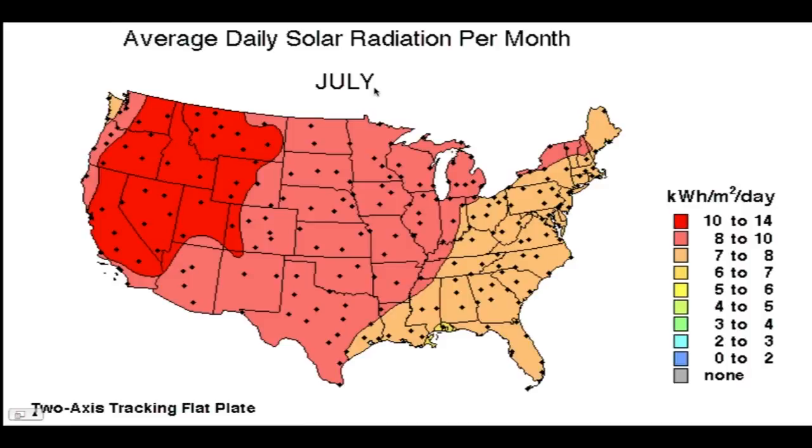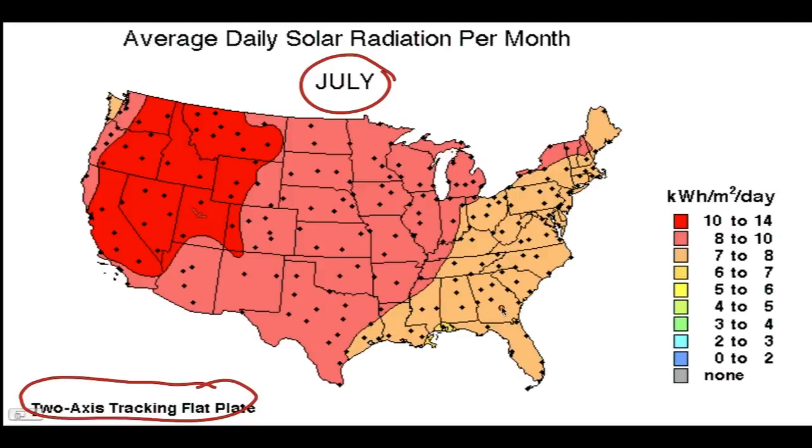shows it for a two-axis tracking situation where we're always facing the panel toward the sun, and we're looking at the best month. So I took the best situation here. And you can see from the scale that we're receiving a lot more energy in July. If we want to pay for the extra cost of a two-axis tracking mechanism, we'll have a lot more energy striking our collector that we can hopefully convert to something useful.